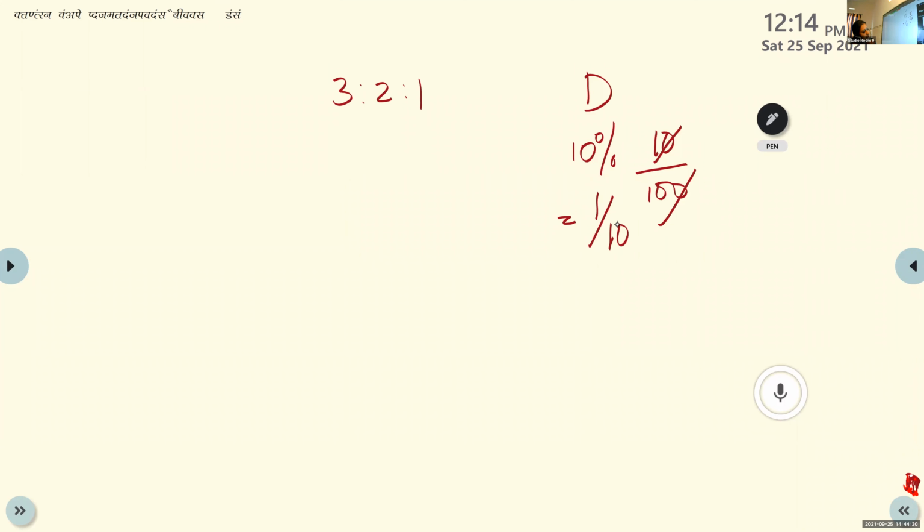So can you apply the same technique here? Is it possible? Yes. So 10 minus 1 is 9. 9 into 3, 27 is 2. 9 into 2, 18 is 2. 1 into 9, 9.